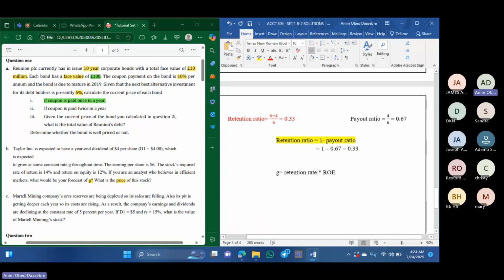Retention ratio is 0.33 and required return on equity is 12%, 0.12.